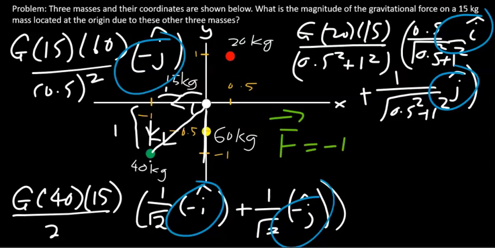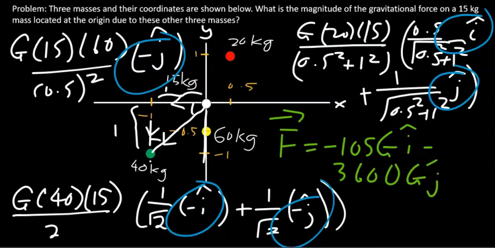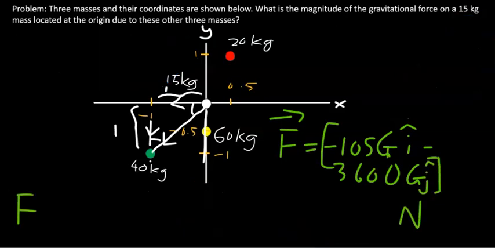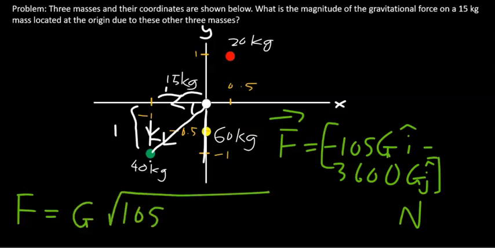And it's given by minus 105 capital G i hat minus 3600 G j hat, and of course in the unit of newtons. Therefore, the magnitude of that force is given by G times the square root of 105 squared plus 3600 squared, in the units of newtons.